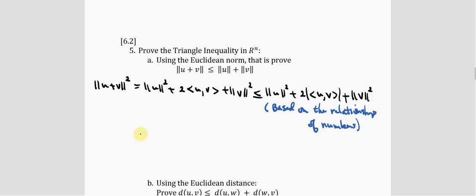And then this statement is less than or equal to the norm of u squared plus 2 times the norm of u times the norm of v plus the norm of v squared. And this is by the Cauchy Schwarz inequality.